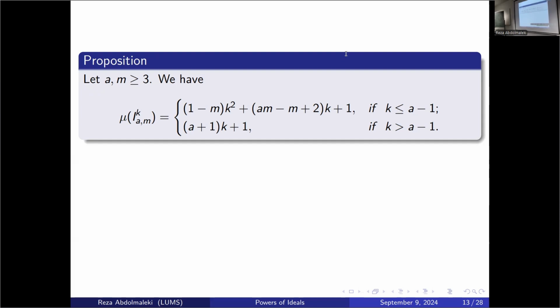This is an integer function, but for the moment I treat it as a real variable. For example, the behavior was like this until this point, and from this point on it is just a line.